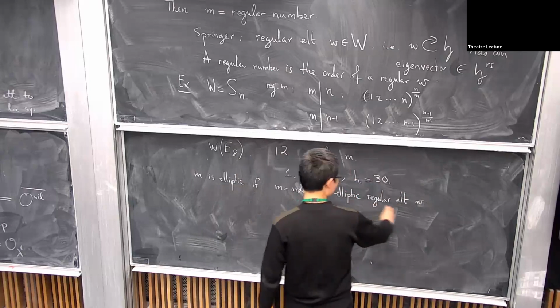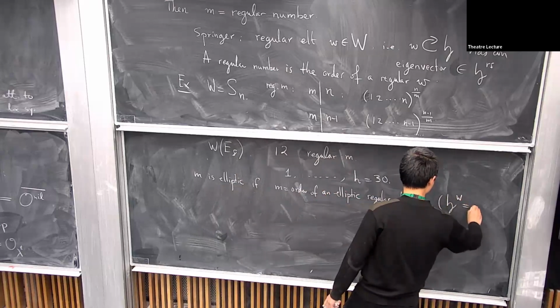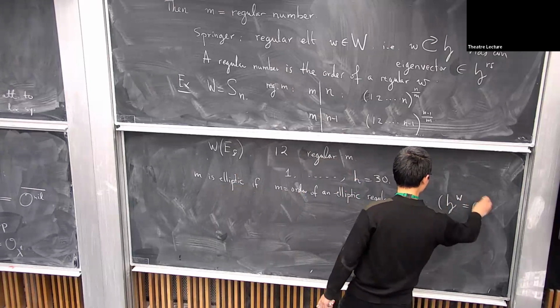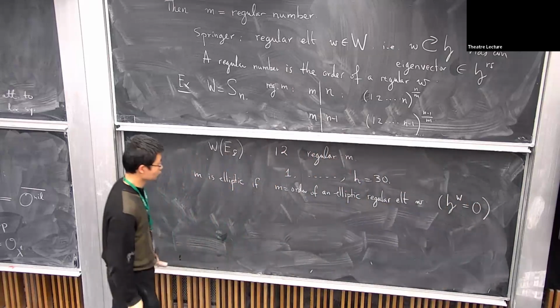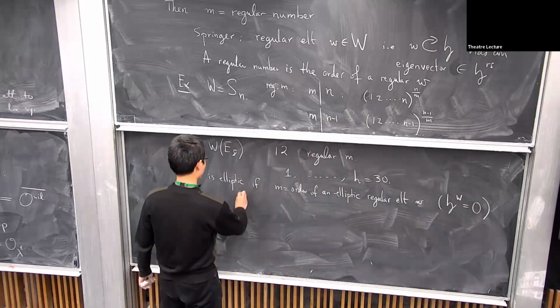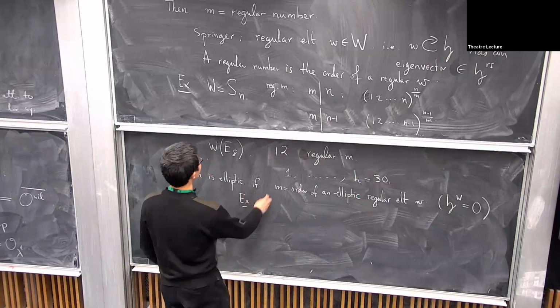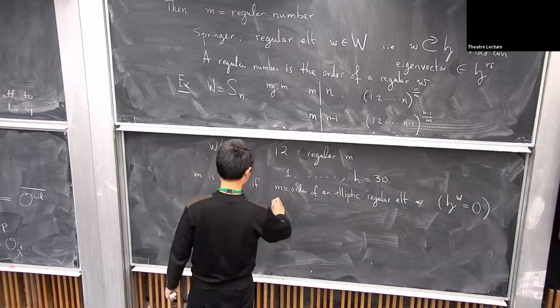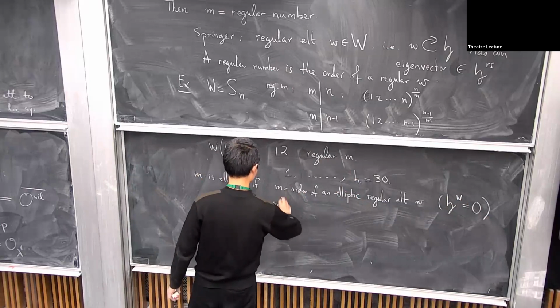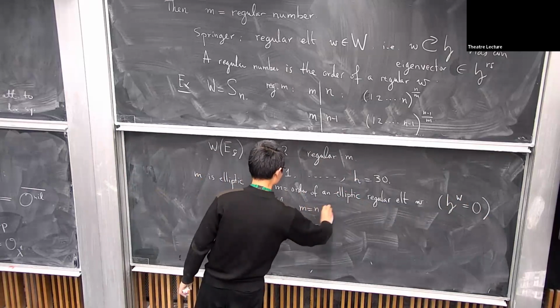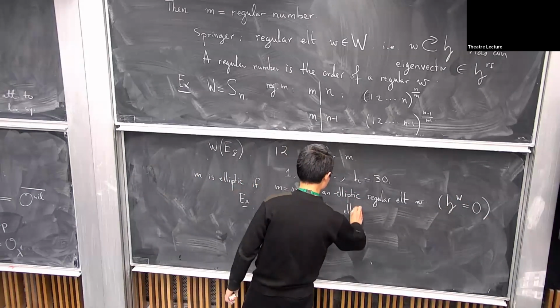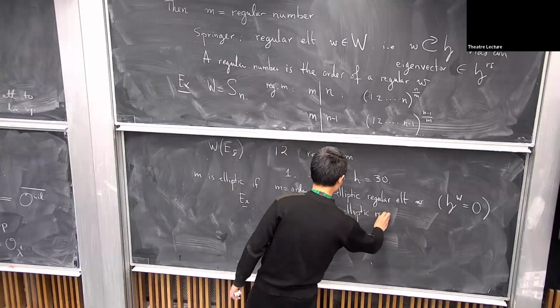So elliptic meaning there's no eigenvalue 1. So in type A, we only have a single case. Elliptic regular.